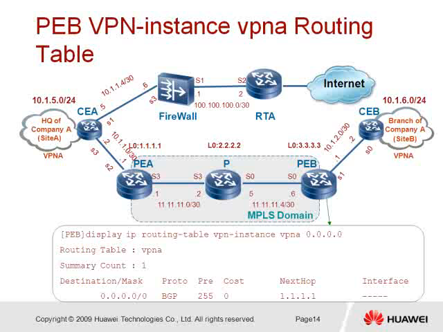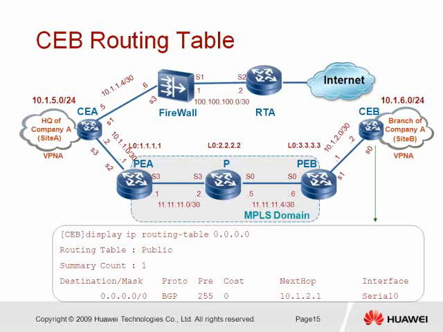We can use the command display ip routing-table on CEB to see that the next hop of the default route is PEB. The protocol of this route is BGP. Now, CEB can use this default route to forward packets destined for the Internet.